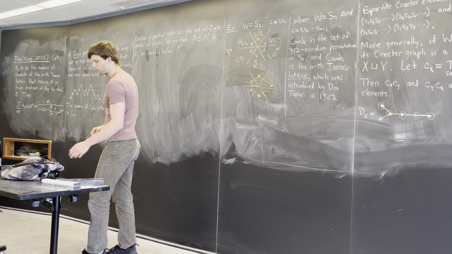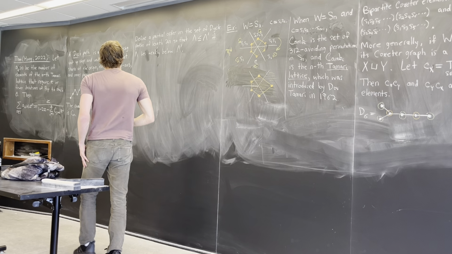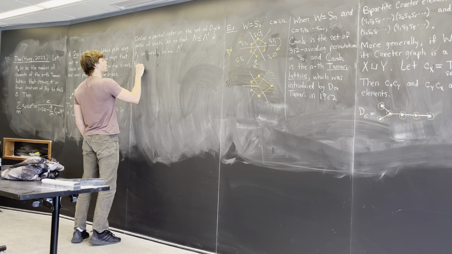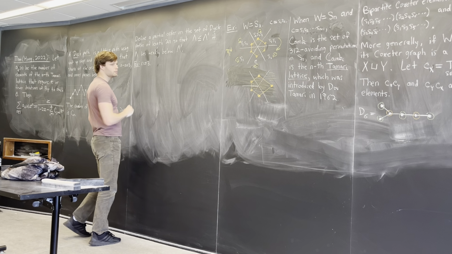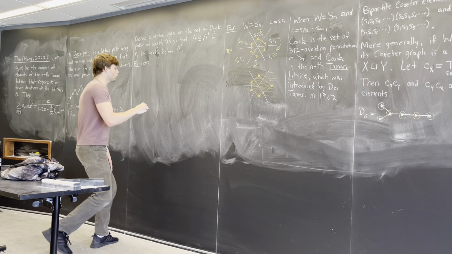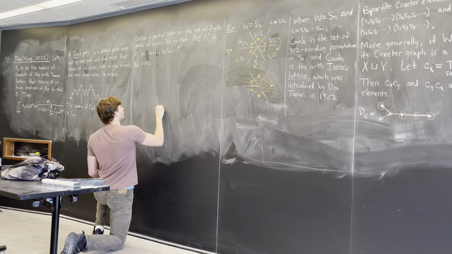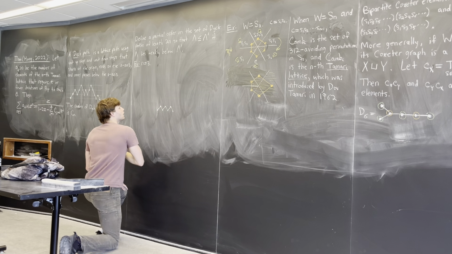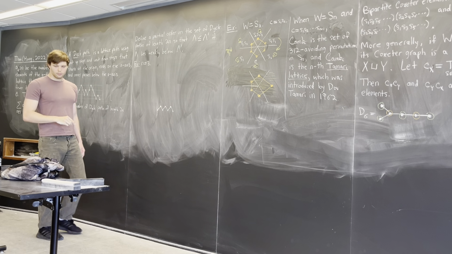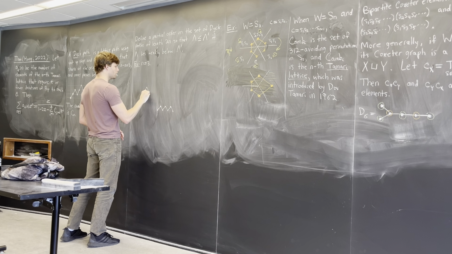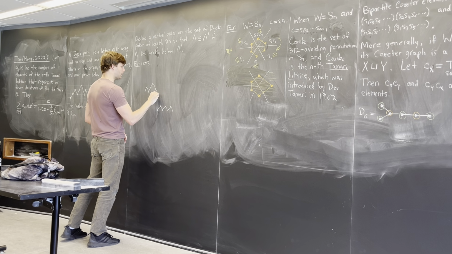And I'll show you what this looks like for n equals 3. So the bottom Dyck path will just look like this, where I go up, down, up, down, up, down. And then over here, I'll have the Dyck path where I go up, down, up, up, down, down.